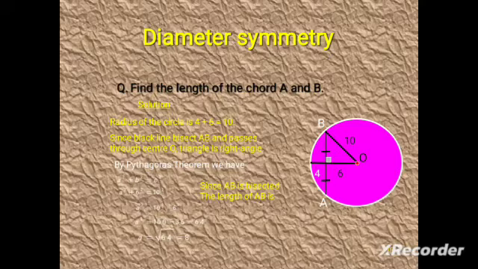But we are told to find the length of the chord AB, meaning we need to multiply 8 by 2 to get the whole length of this chord. So the length AB will be 2 times 8, which is equal to 16 units.